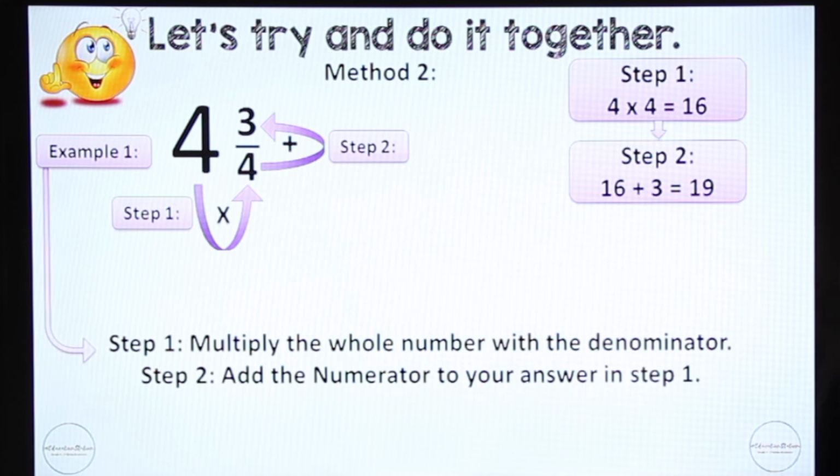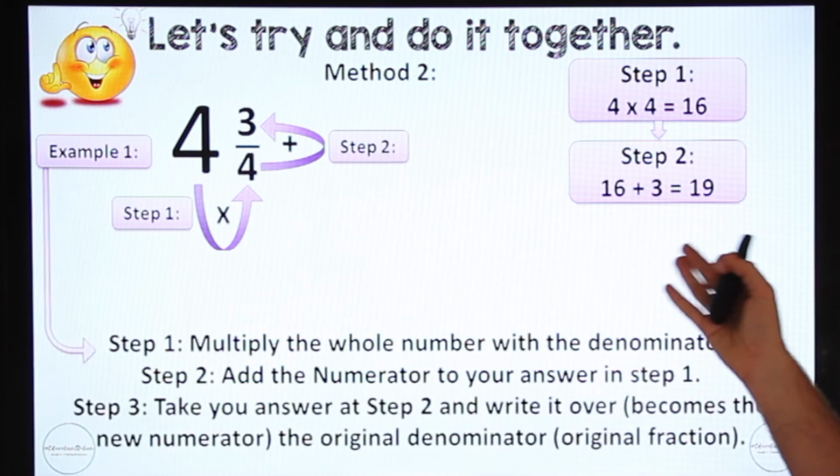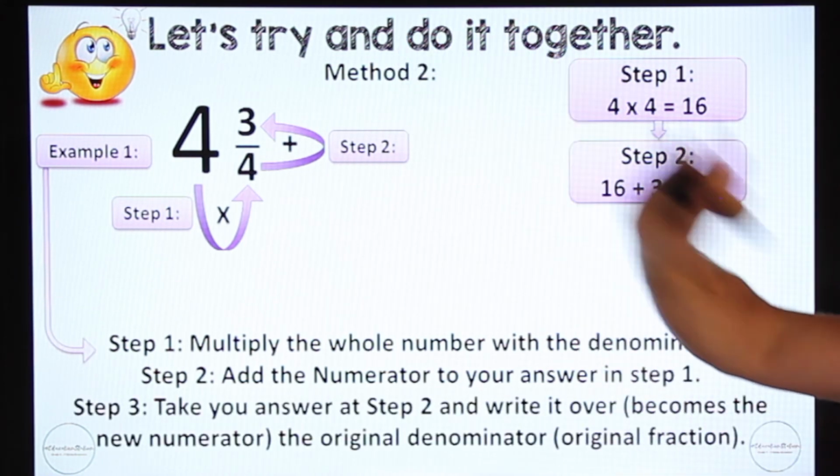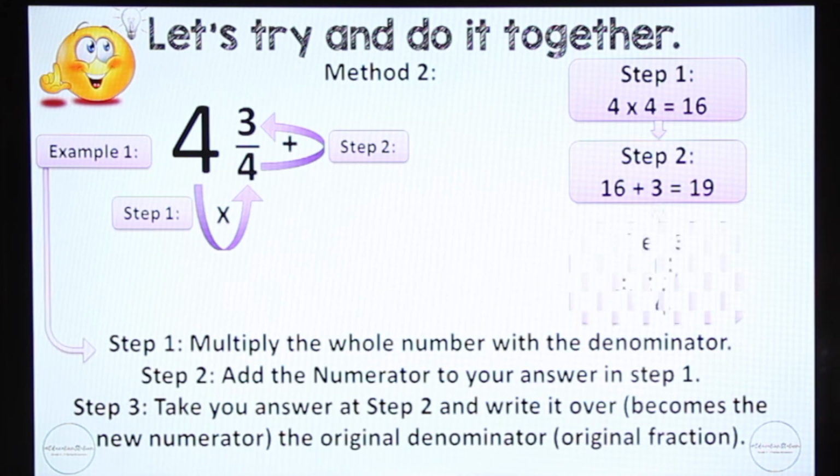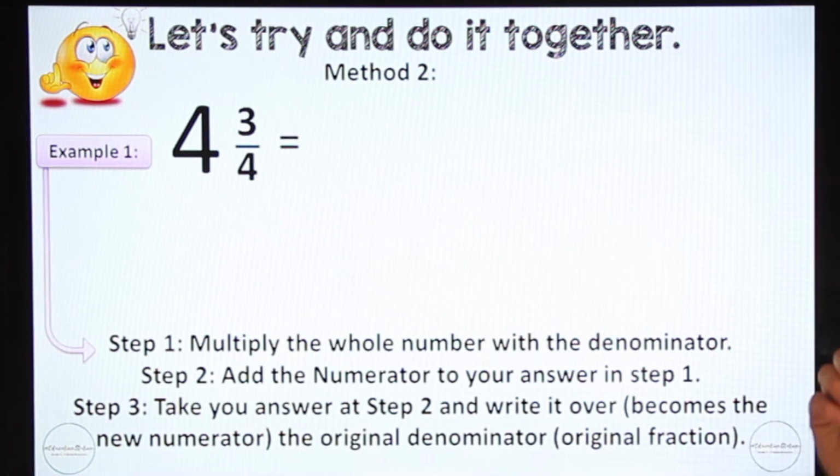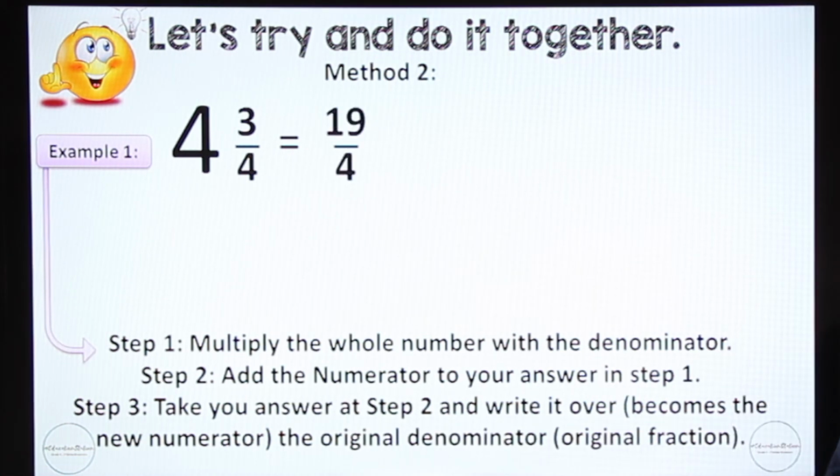And therefore, step number 3 would take the 19 and write it over the original fraction we started with, which is quarters, and that would be 19/4. Therefore, if I had to ask you in a question paper, convert the following mixed number into an improper fraction, your answer would be 4 3/4 equals 19/4 as an improper fraction.